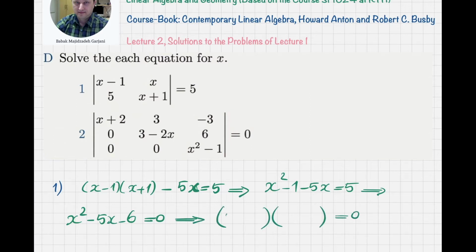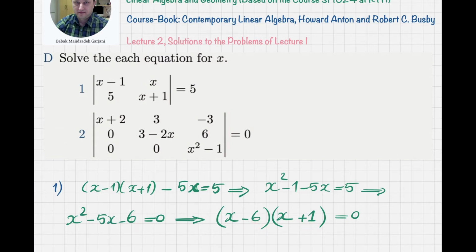I put an x here and another x here, and I ask myself, I need two numbers whose sum is equal to minus 5 and the product is minus 6. It is very clear that one of those numbers is minus 6, the other one is positive 1. If I add them, it becomes minus 5, and if I multiply them, it becomes minus 6.